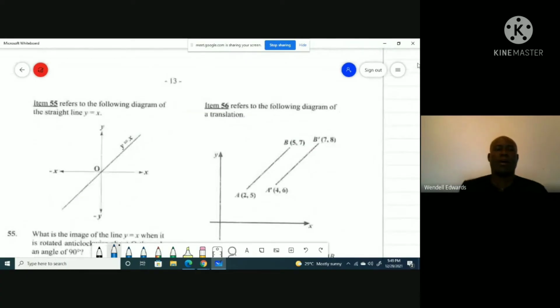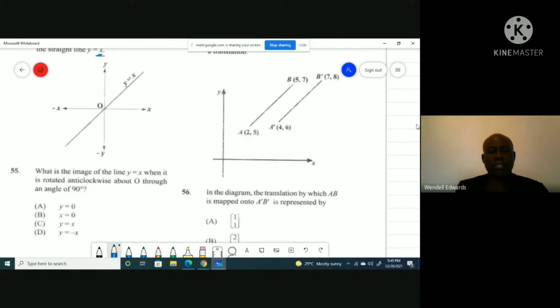Five. All right, so question 55 reads, item 55 refers to the following diagram. The straight line y equals x, all right? So the straight line y equals x, that's what we have. So the question reads, what is the image of the line y equals x when it's rotated anticlockwise about 0, which is the origin, through an angle of 90?